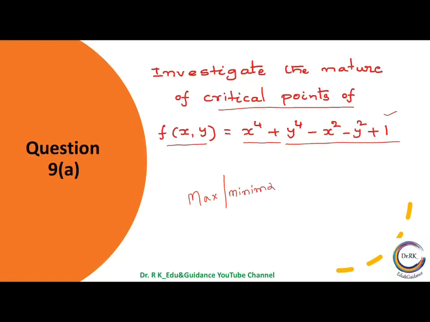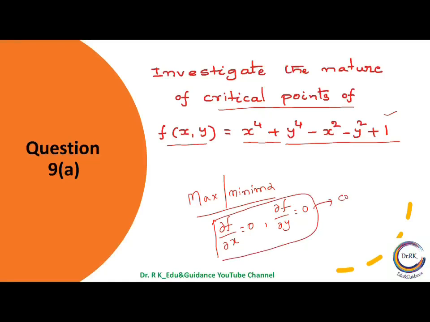Critical points means the points at which its first derivatives become 0: dou f by dou x equal to 0, dou f by dou y equal to 0. So the points at which the first derivatives become 0 are called critical points.